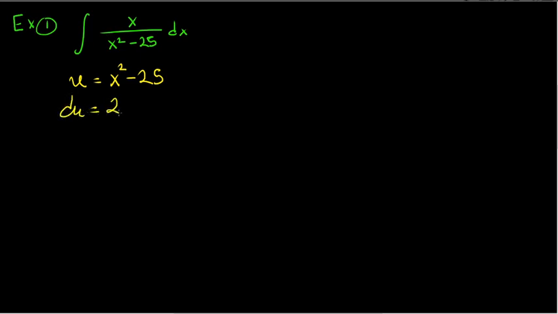My derivative is just 2x minus 0 with respect to x. And maybe we should rewrite this. So let's think of this as 1 over x squared minus 25 times x dx. Right? So that's in the numerator, if you like.